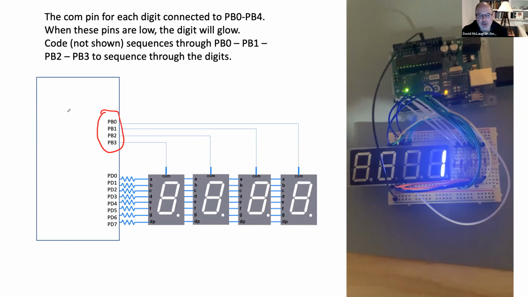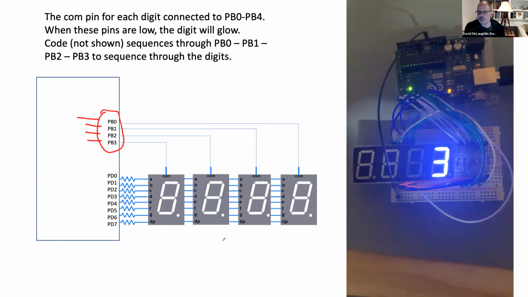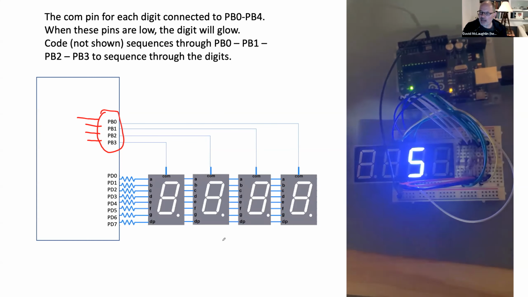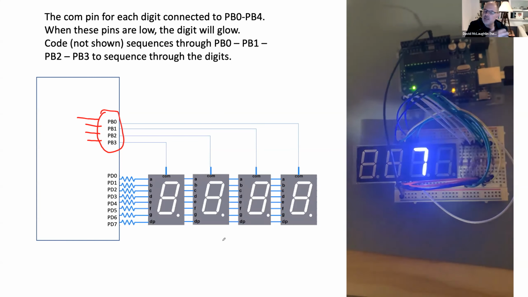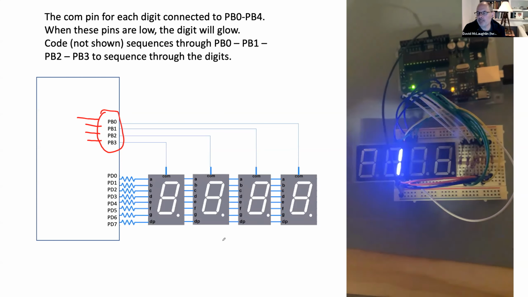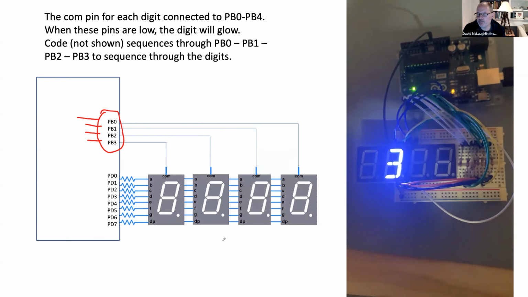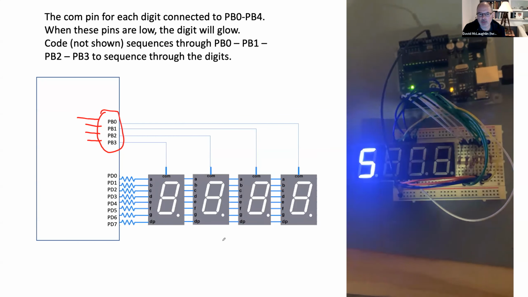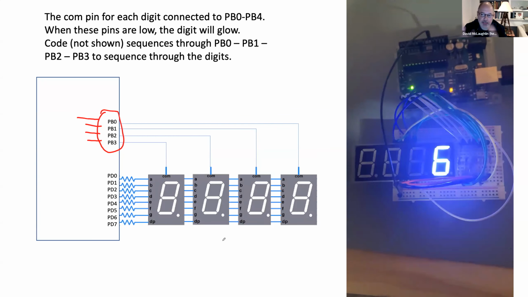So I'll enable PB0, then PB1, then PB2, and then PB3 in sequence. It'll be obvious when I show you the movie. Okay, so I'm writing a 1, but I'm enabling those digits in sequence, and then a 2, and then a 3, and then a 4. It's the same kind of code we had, but I'm just changing the value of those enable pins.